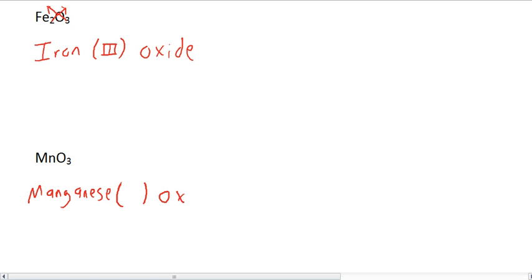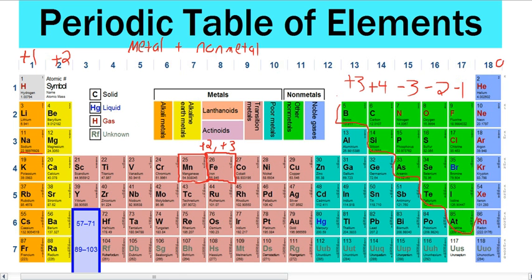Manganese something oxide. The way you work out the charge is you realize that manganese oxide has 2 components. It has manganese, which is the positive ion, and oxygen, which is the negative ion. So we find the charge of oxygen, the negative ion, it's a negative 2.